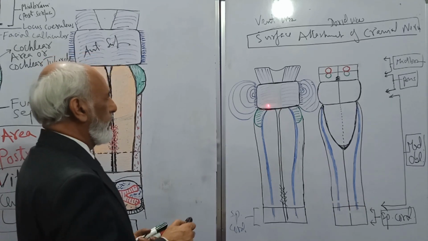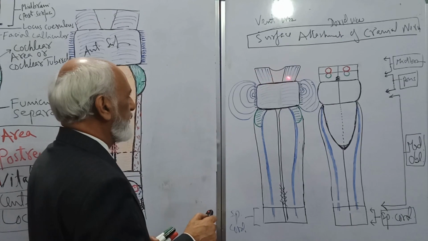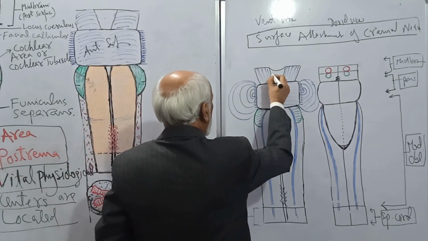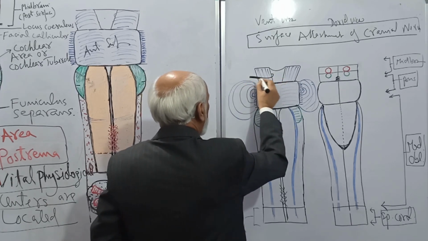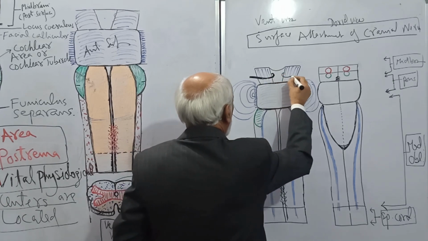Now you know this is right crus and left crus on the anterior surface of the midbrain, and from the medial sulcus, which is on the medial surface of each crus, the oculomotor nerve, or 3rd cranial nerve, on each side arises.